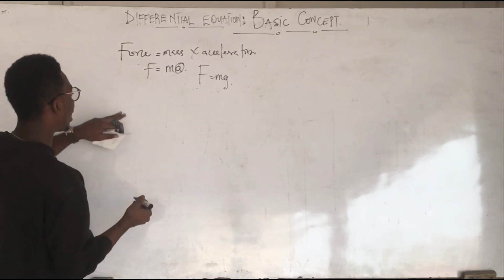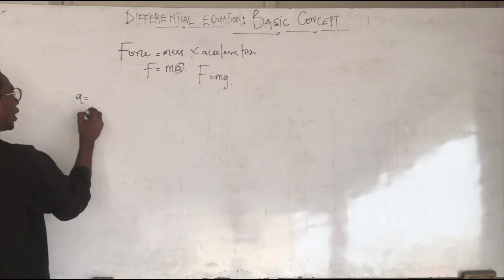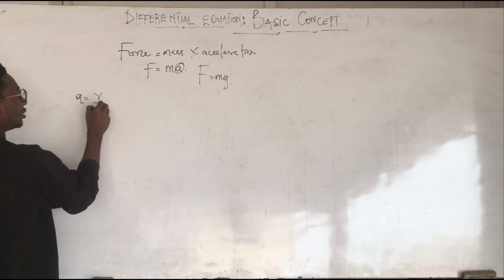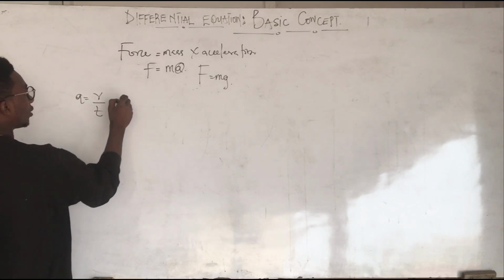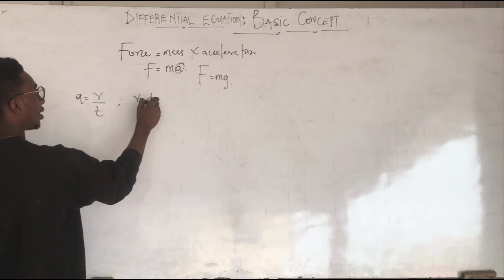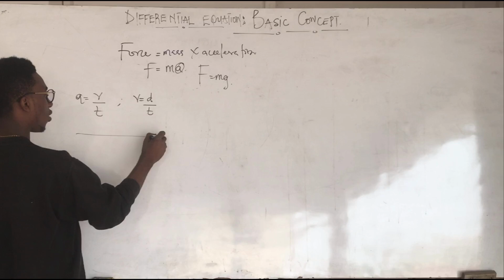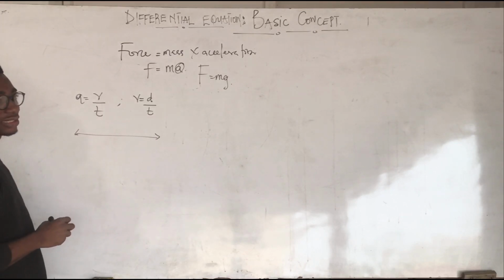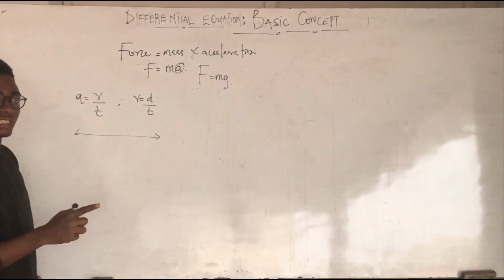Now, we know that acceleration is also velocity over time. And you know that velocity is the same as distance over time. So let's say a ball accelerates with a speed of, let's say, 20 meters per second.